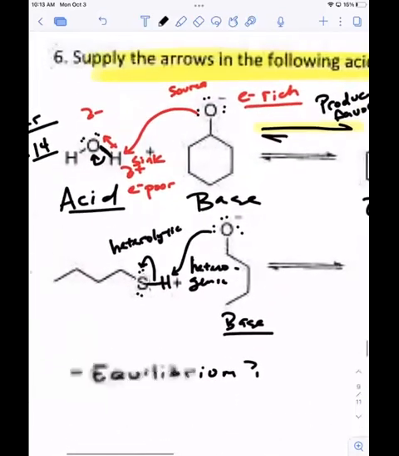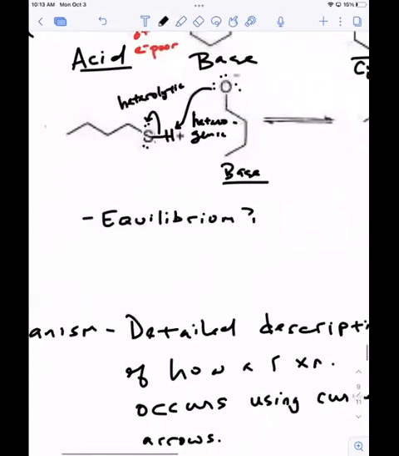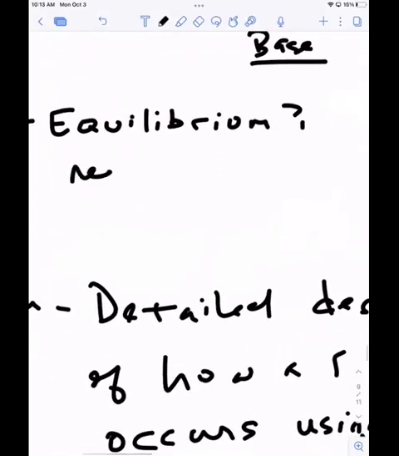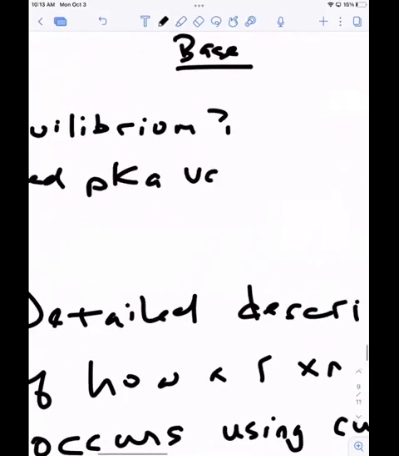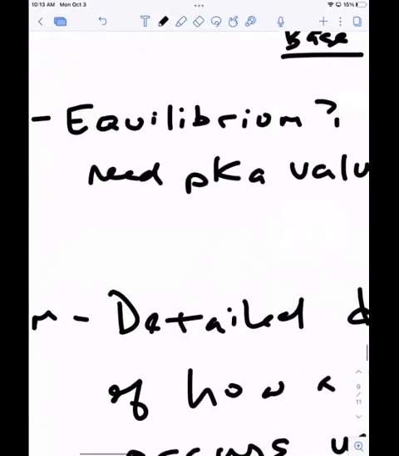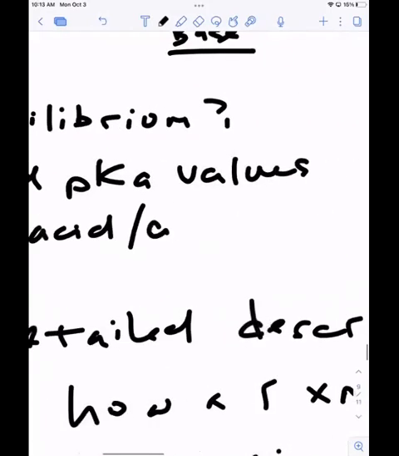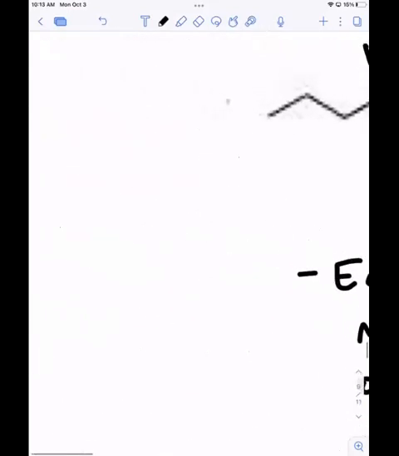How did we predict it on Friday? pKa. We need the pKa values of the acid and the conjugate acid.